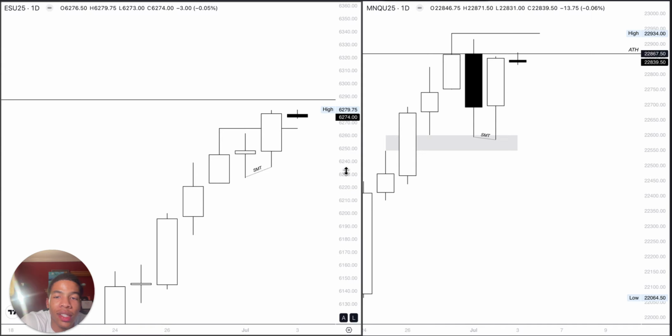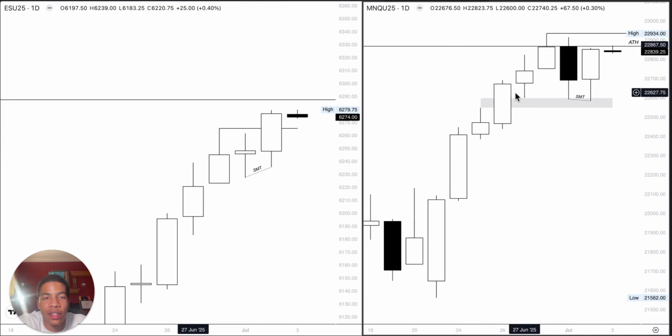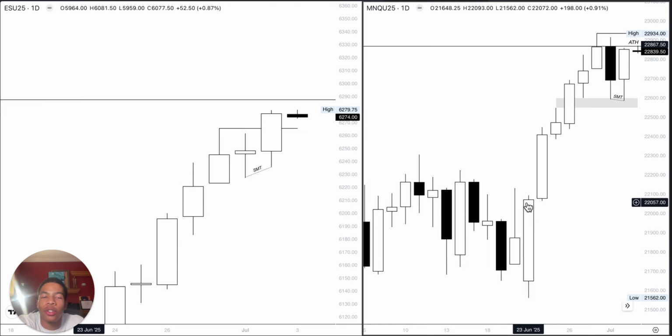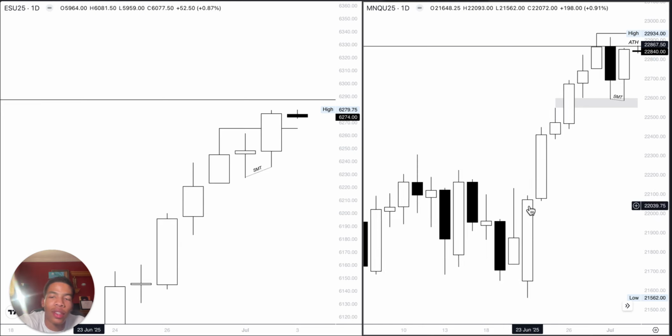What I would want to see is ES and NASDAQ making likely the same moves, and that just keeps the structure balanced. If it's not making the same moves, that means that one usually has to catch up to the other, given that they're trading in the same frequency.